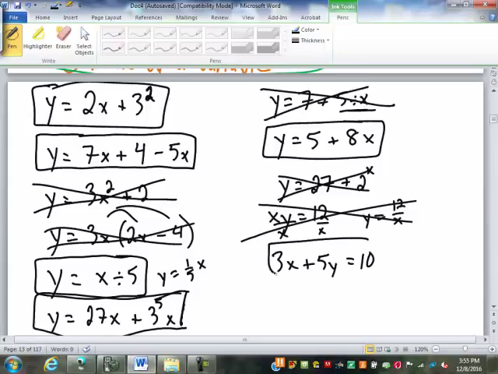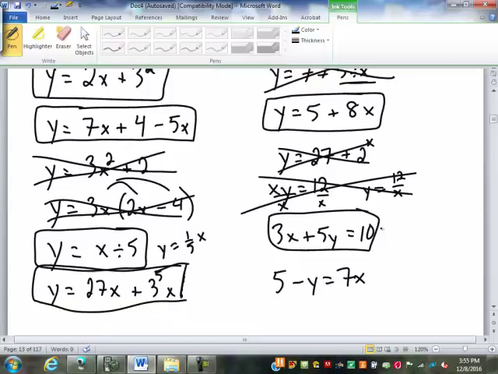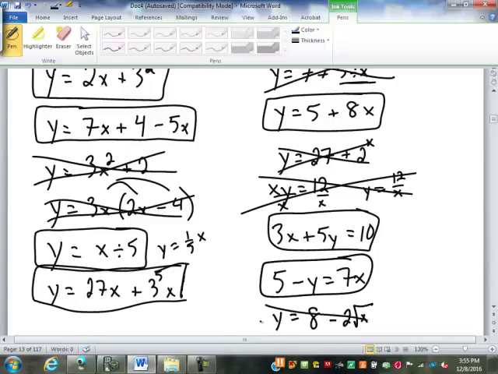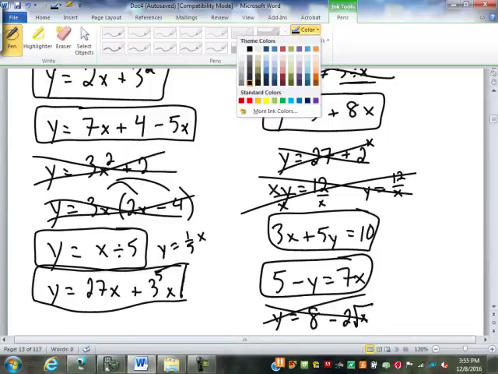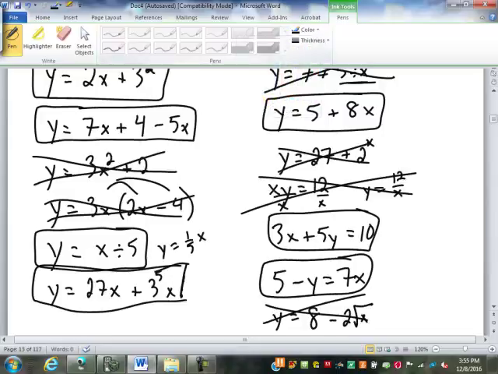Nope. That one's fine. How about that one? Yeah, that was good. How about that one? Nope, square root is on the variables. That one's no good.